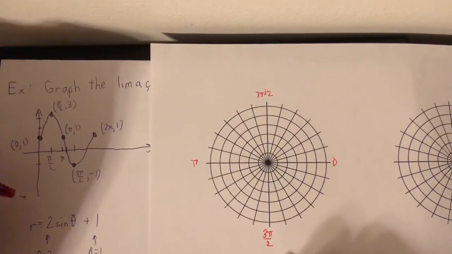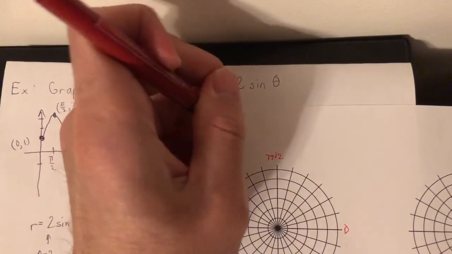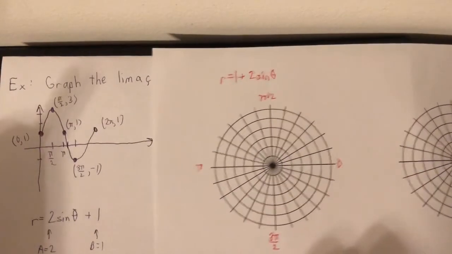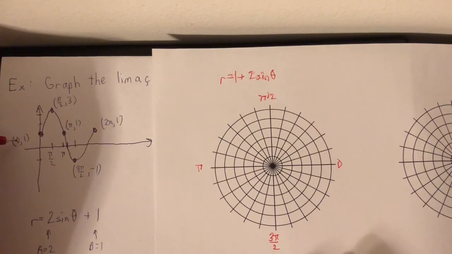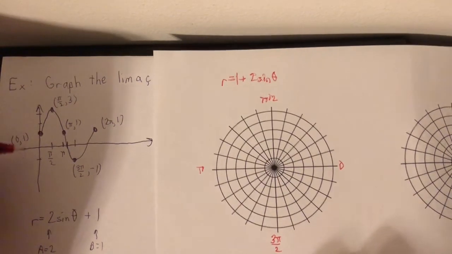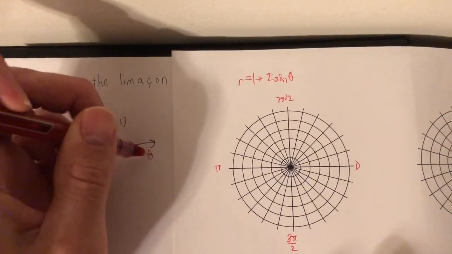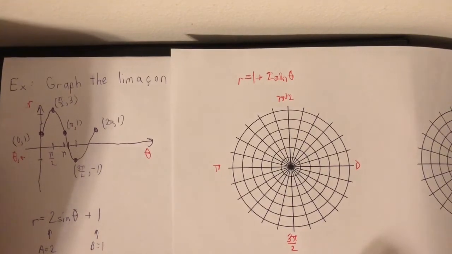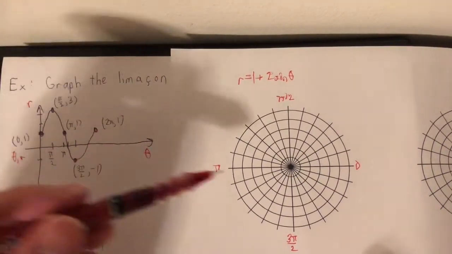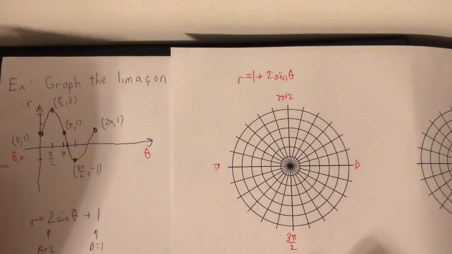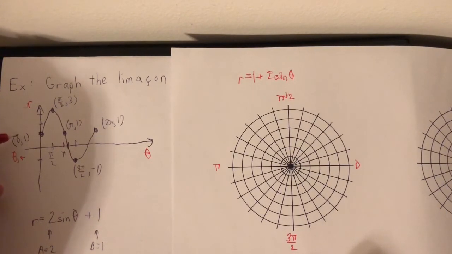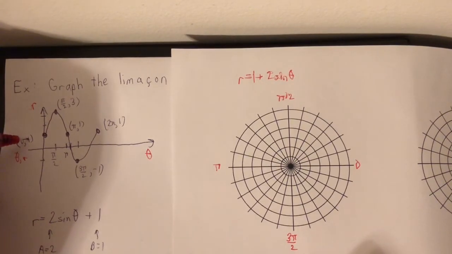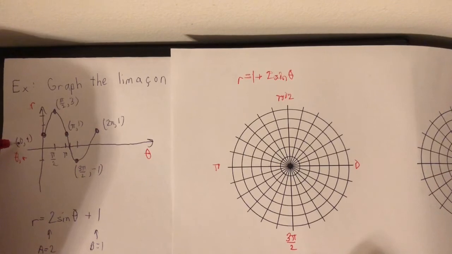This is going to be r equals 1 plus 2 sine of theta. So I'm starting at 0 comma 1. So remember this, the first coordinate goes with theta here. This is theta r. It's a little confusing when you're going from the theta r plane to the polar graph, just because you have to reverse the roles of the first and the second coordinates here. But this is telling me my distance from the pole is 1 when my angle is 0.